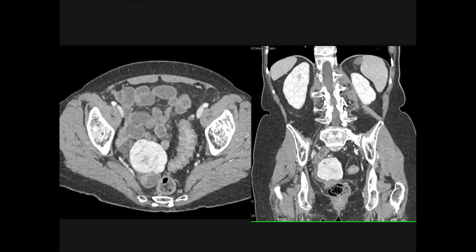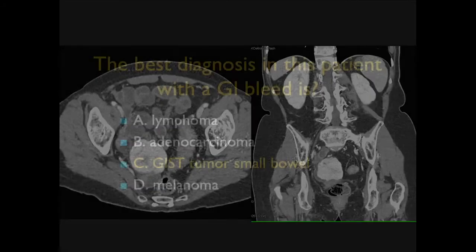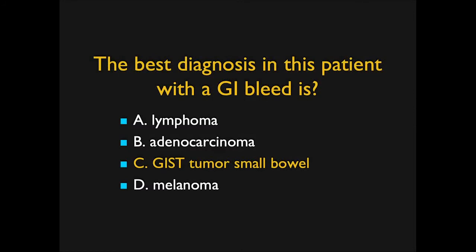Now, I guess we don't know what the lesion looked like without contrast, how vascular it is, but a vascular lesion arising near the small bowel, yes, you could think of a carcinoid tumor, but there's no desmoplastic reaction. What you could think about is a GIST tumor. GIST tumors are commonly exophytic, particularly in the stomach, but also small bowel. They can be very vascular, and this was an amazing GIST tumor that was hypervascular.